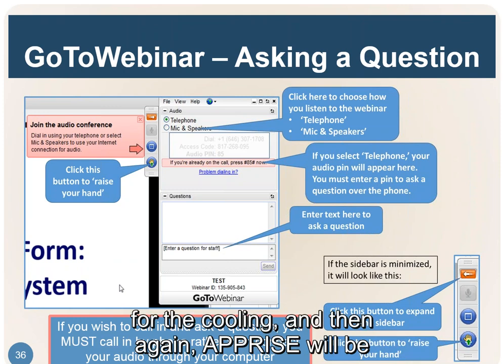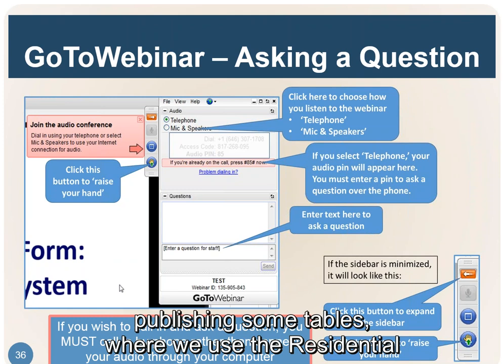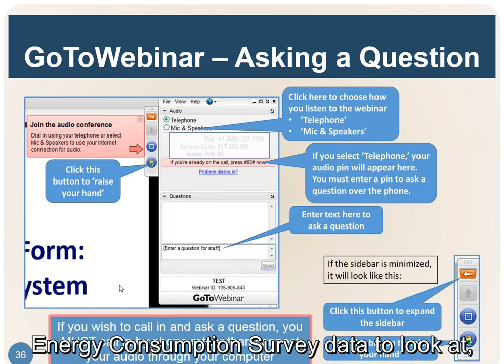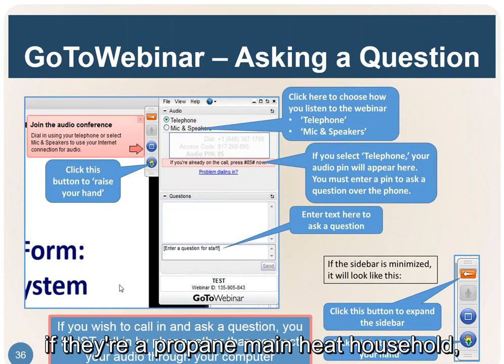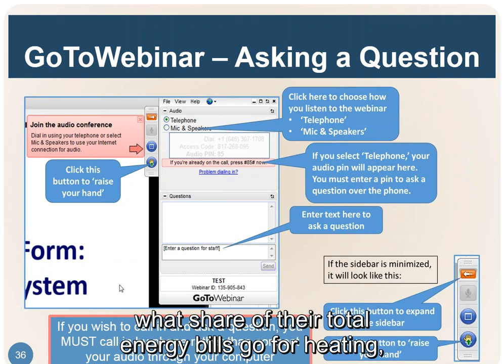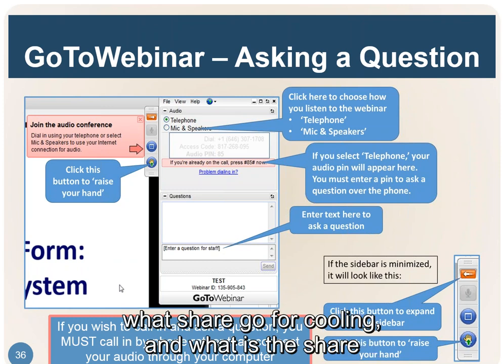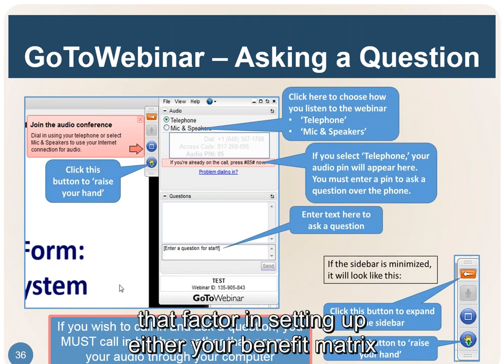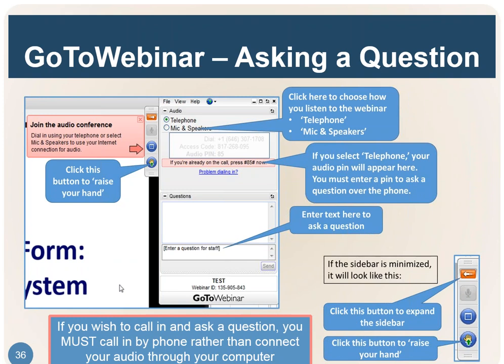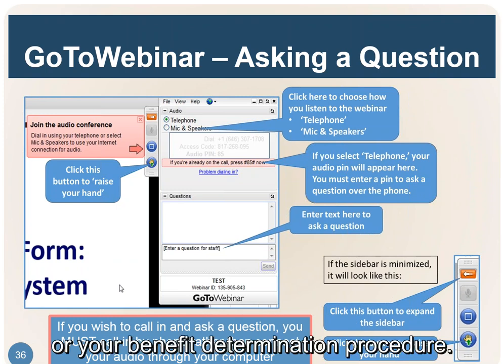And again, Apprise will be publishing some tables where we use the residential energy consumption survey data to look at, for all low-income households in your geographic area, if they're a propane main heat household, what share of their total energy bills go for heating, what share go for cooling, and what is the share that goes for home energy, and then you can factor that in setting up either your benefit matrix or your benefit determination procedure.